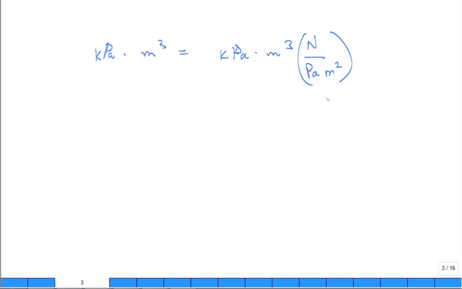Did I just multiply this right-hand side by 1? I'm good to go. And so the pascals can go, right? Okay. Leave the kilo. The kilo did not go away.